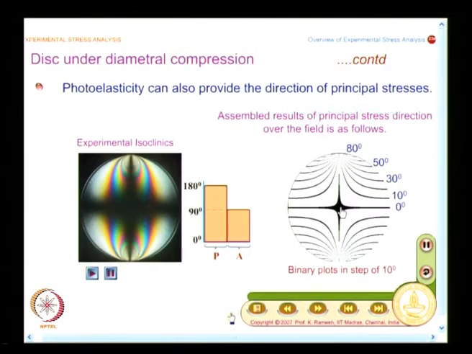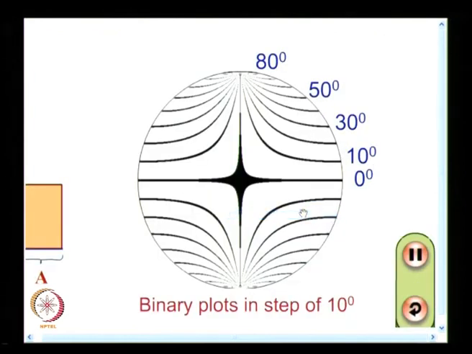So, what you have here is a set of contours, a binary plot in steps of 10 degrees, of which you make a sketch. I have to process this information and extract it in this form. I do not have an optical arrangement which would give me this set of contours directly.